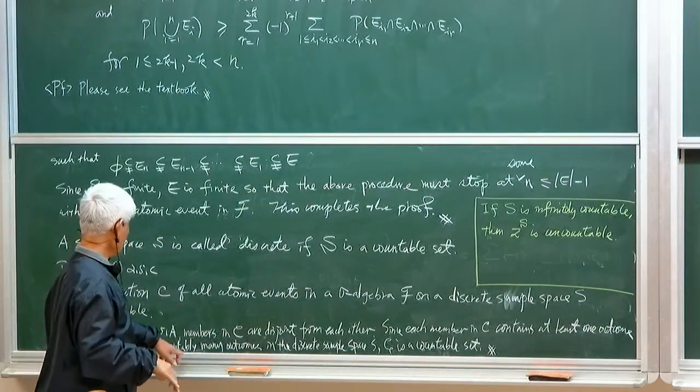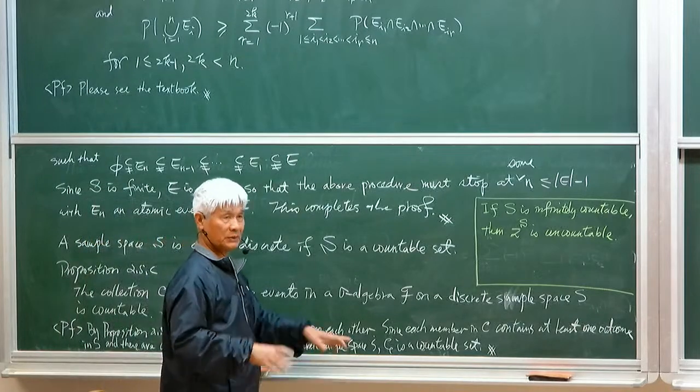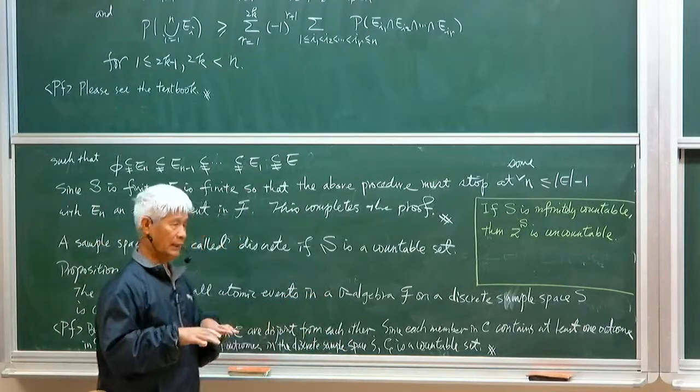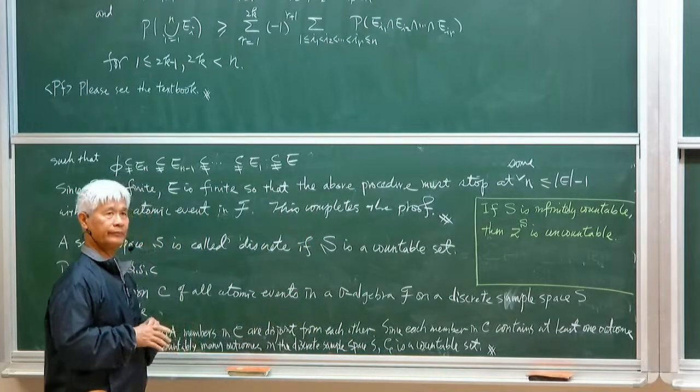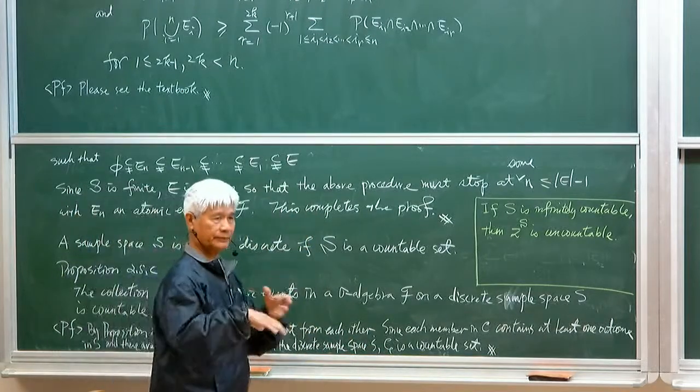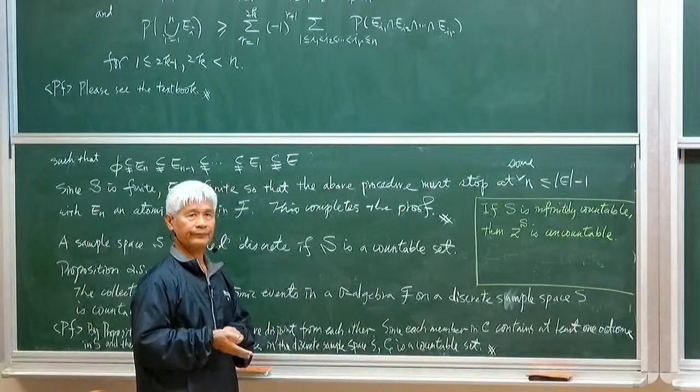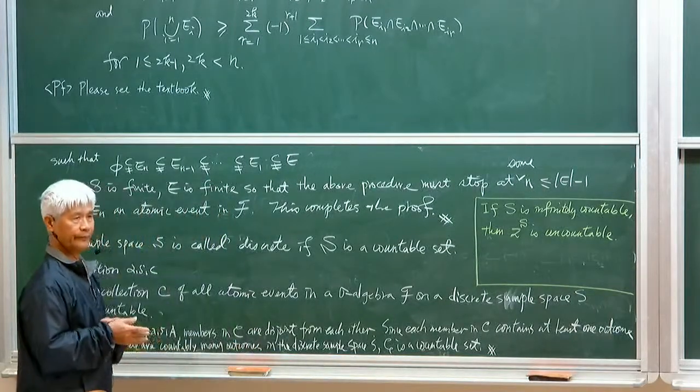But we have only countably many outcomes in the discrete sample space, so the collection C should be countable.